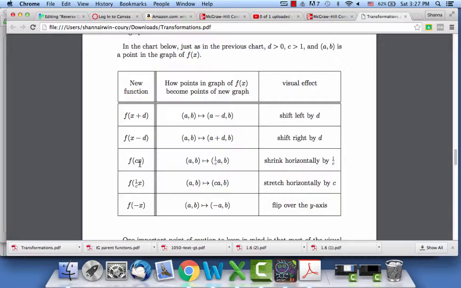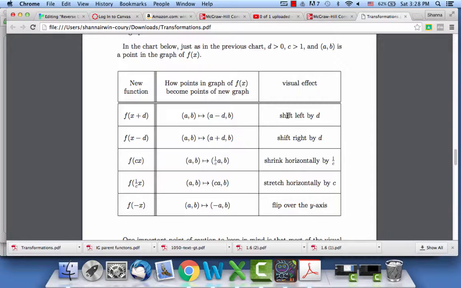So horizontal changes, which are the stuff inside the parentheses, are all exactly the dead opposite of what you would like them to be. So if you say horizontal change, add d, you'd like to go right. So instead you go left. If you say horizontal change, subtract d, well, you want to go left, so go right. If you multiply by 9, you'd like it to get wider, so it doesn't.